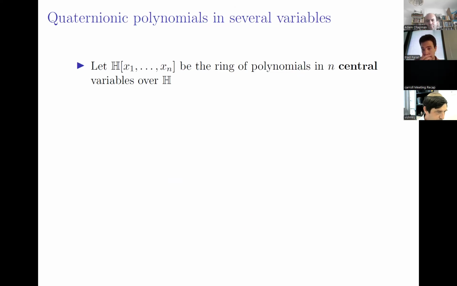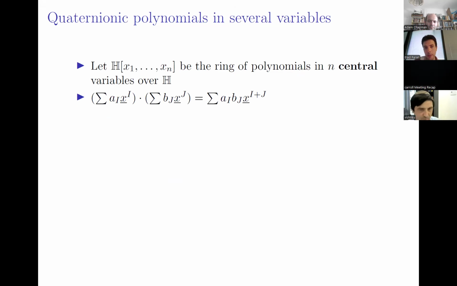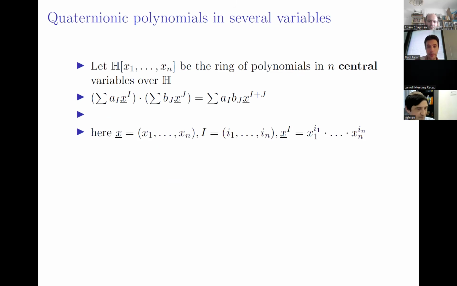Now, similarly, if you have, say, n variables, then you can construct the ring of polynomials in n central variables over the quaternion algebra. So here, again, it's just the usual product rule where j and i are multi-indices. But now you have a problem with substitution.